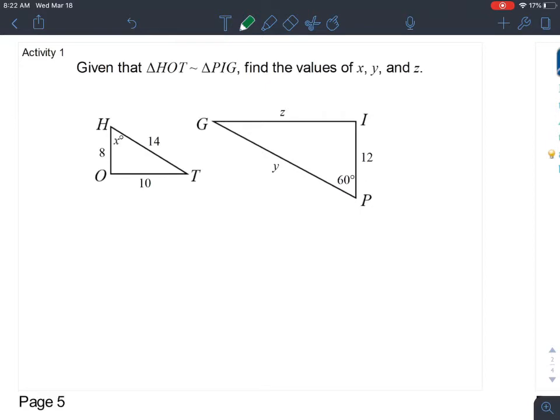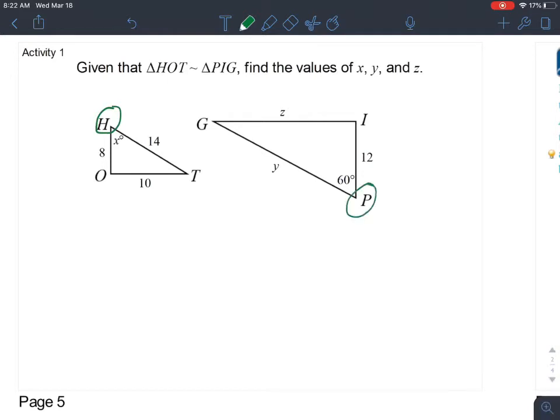Okay, now that you have solved that, I'm going to demonstrate. I'm going to start with the angle, because I think that's the most confusing part of this. Hopefully you noticed that up here, triangle HOT and triangle PIG, hot pig, the letters are supposed to identify what corresponds.